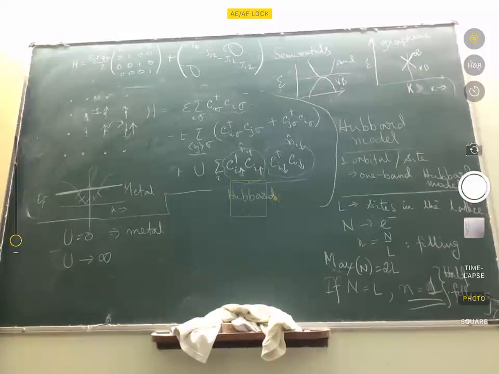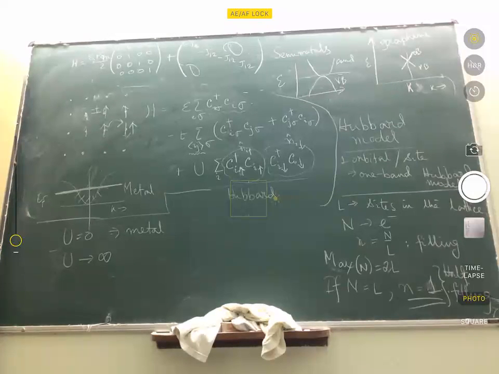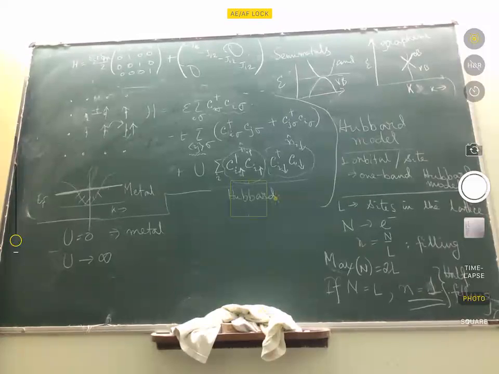Okay, so this phenomenon in which the electron motion is suppressed because you have strong intra-site electron-electron repulsion is called the Mott transition.